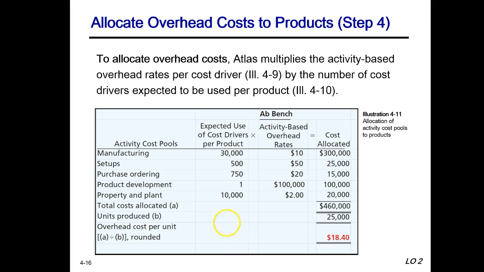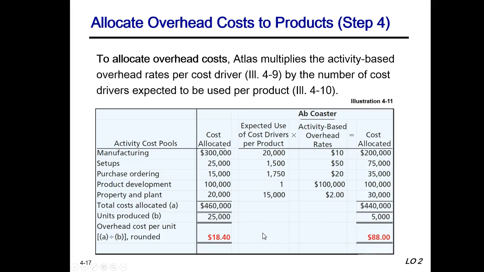So in this scenario, when we take this Ab Bench and we break down our various costs, we're really having an overhead per unit of $18.40. As we're dealing with the Ab Coaster, we have allocated $18.40 per unit.